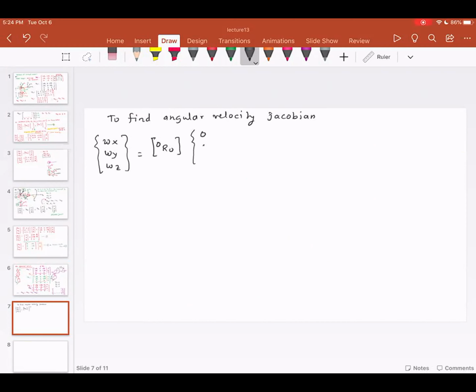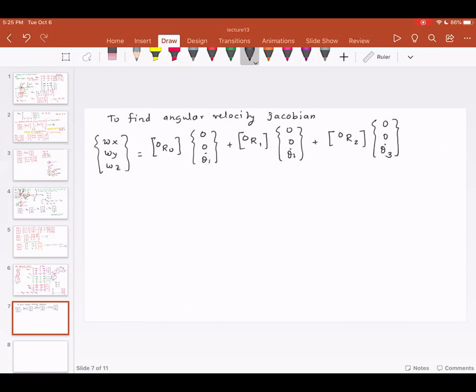For the first joint, 0R0 times 0, 0, theta 1 dot. Then there is a second joint, which is 0R1 times 0, 0, theta 2 dot. And the last joint is 0R2 times 0, 0, theta 3 dot.